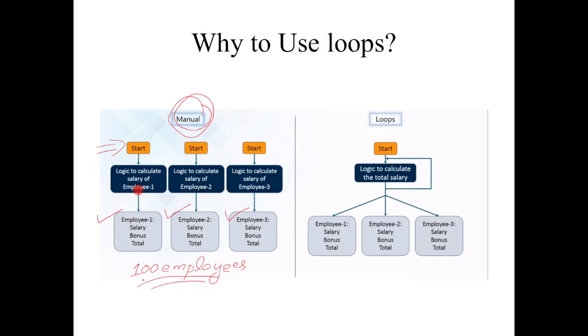Whereas in the case of loops, you will develop the logic in such a way that it calculates the total salary on the basis of specific parameters like office hours, bonus, allowance, and your cadre of job, and on the basis of these, your salary will be calculated in a loop form.